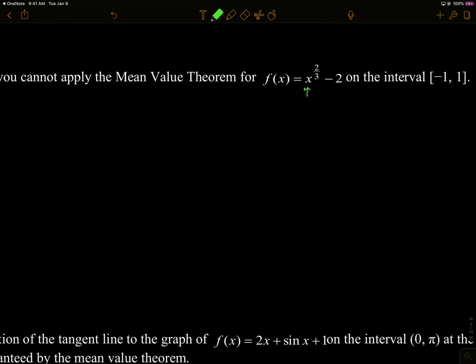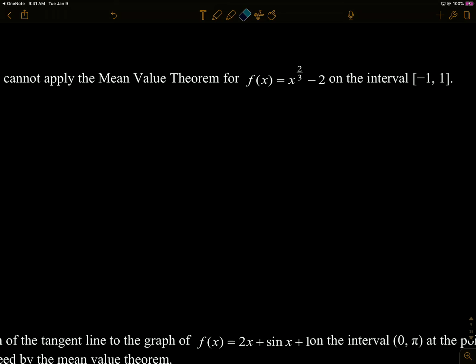So the reason I sort of know that is I kind of just think ahead to the derivative. Whenever this power is less than 1, when I reduce the power by 1, I'm going to get a negative power, which is going to put the x in the denominator, and that's going to cause a problem for the derivative. So if I do the derivative, I get x to the negative 1/3, which can be written as 2 over 3x to the 1/3. So now I know when x equals 0, f prime of x is undefined.